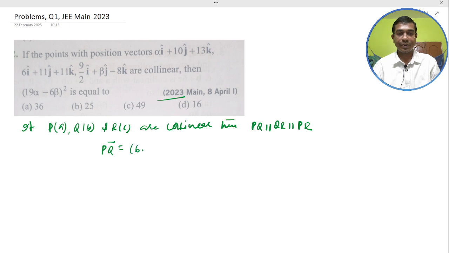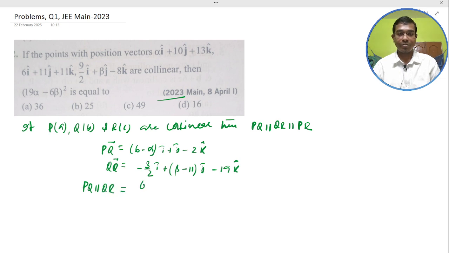This is (6 minus alpha)i plus j minus 2k, and QR is 3 by 2 i plus (beta minus 11)j minus 19k. Now PQ is parallel to QR, that is (6 minus alpha) by 3 by 2 is equal to 1 by (beta minus 11), that is equal to 2 by 19.